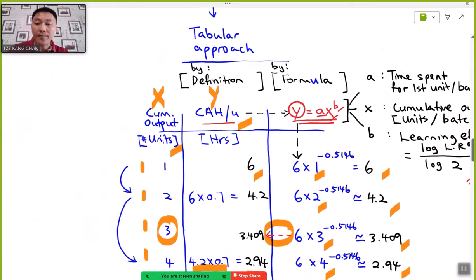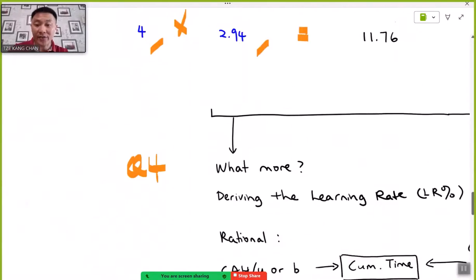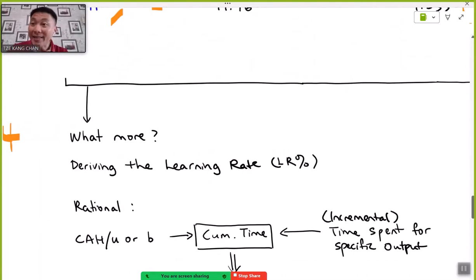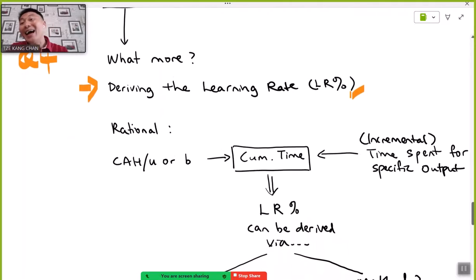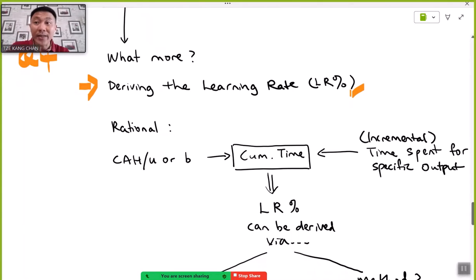As such, the following question is to show and demonstrate the rationale in deriving the learning rate. It is denoted as LR percentage. The following are the idea and the rationale in deriving the learning rate as tested in the performance management examination.